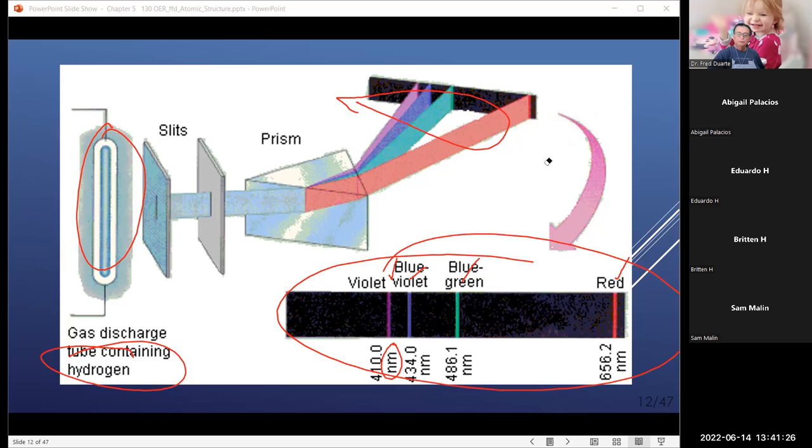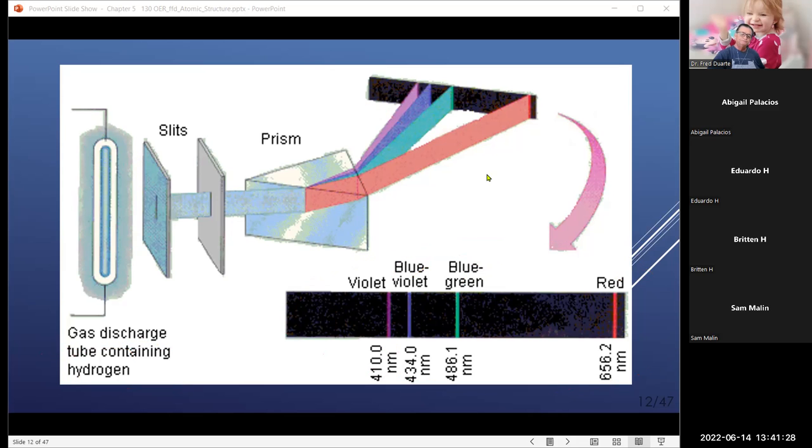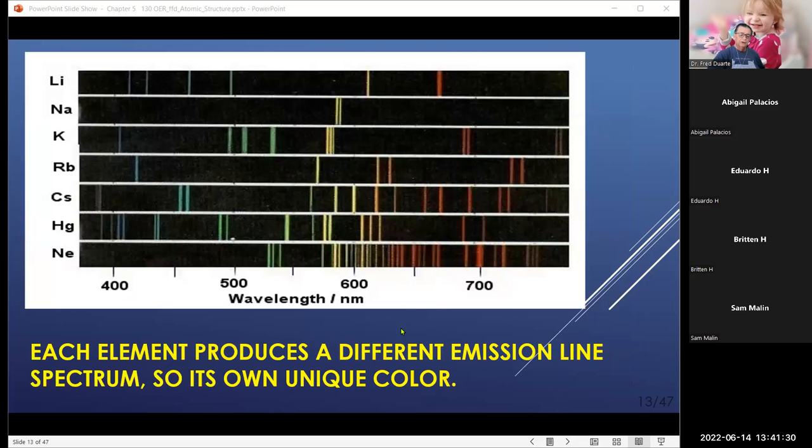Now, if we do that to a variety of different elements, things like lithium, sodium, potassium, and so on, each one has its own emission line spectrum, its own unique colors. And what these lines represent are electrons going from the ground state and being excited to the next state, the excited state, of a specific energy amount.